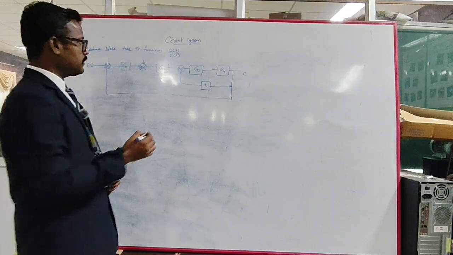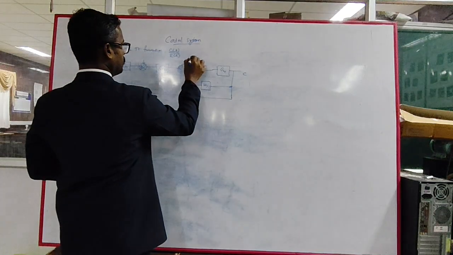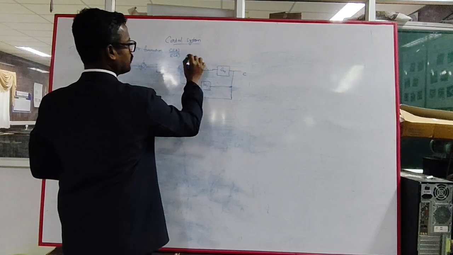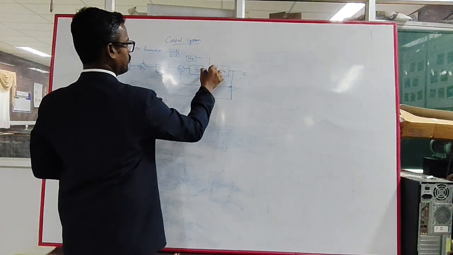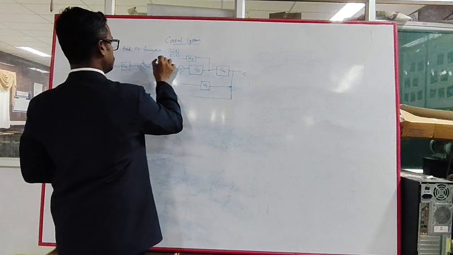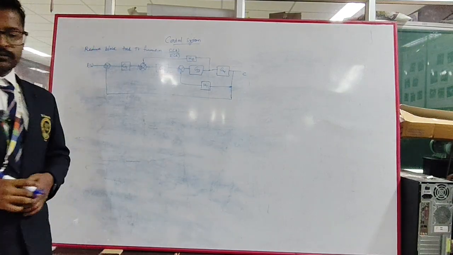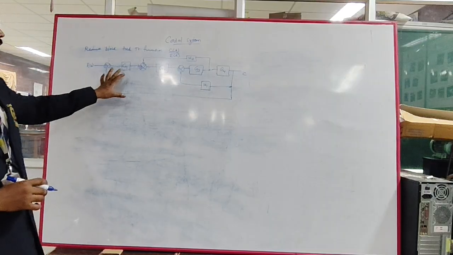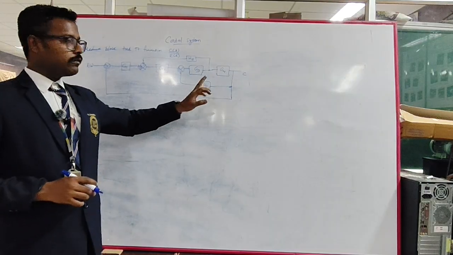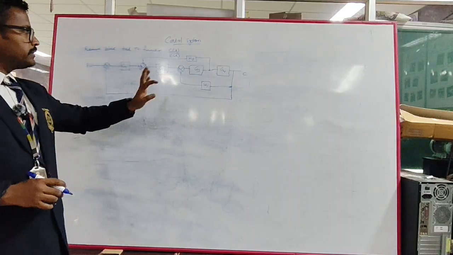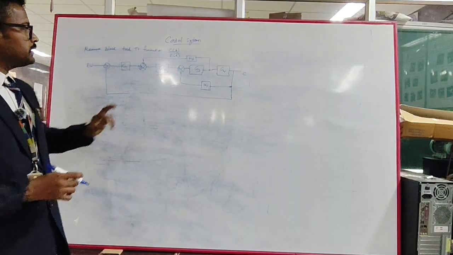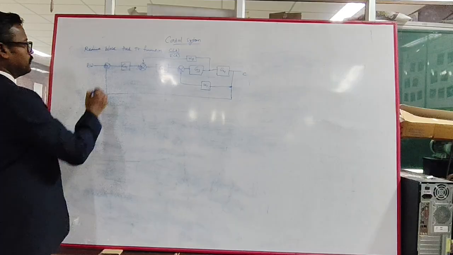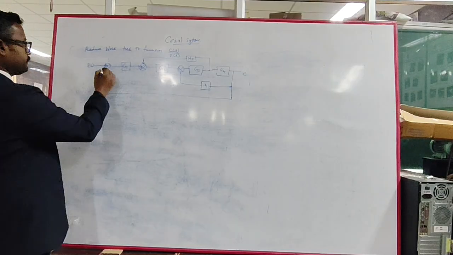But the other one is H2, which is coming out from here and reaching this point. So note it down: you have the 1, 2, 3, 4 forward blocks and 2 feedback gains, and you have 3 summers. Here also it is positive, negative.